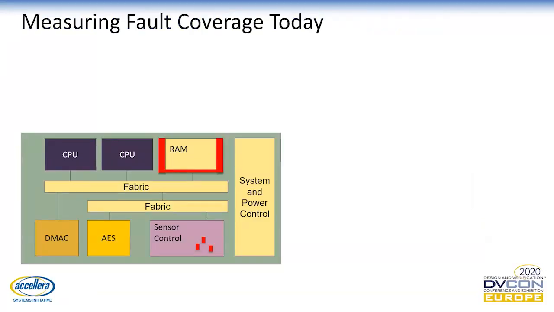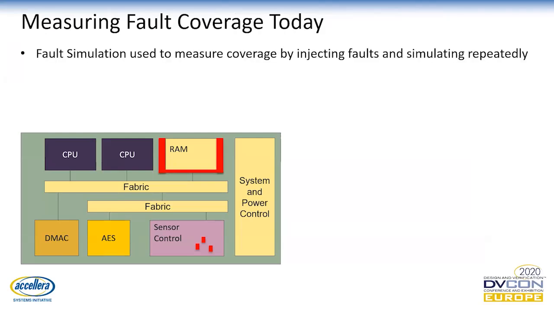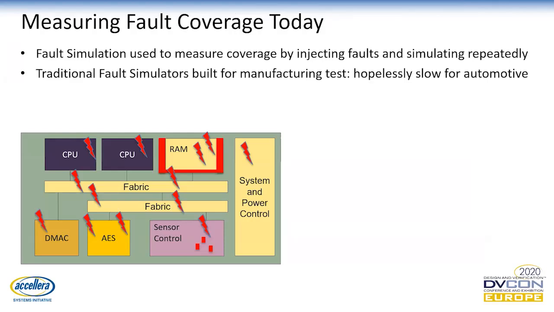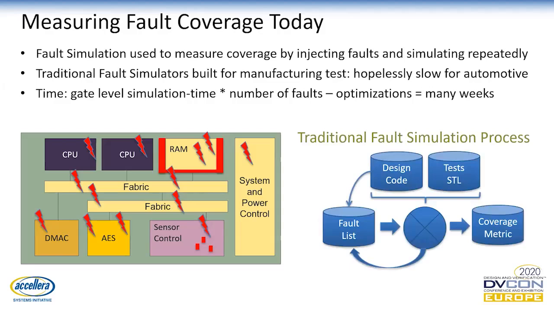Let's again look a little closer at how we can cover the fault coverage. Fault simulations are used to measure coverage by injecting faults and simulating repeatedly, like faults injected all over the CPUs or any control units used in that equipment. Traditional fault simulators were built for manufacturing tests, and they're very, very slow for automotive applications.